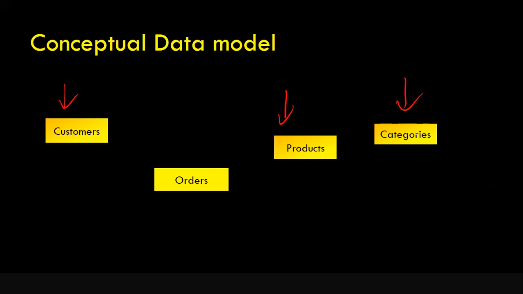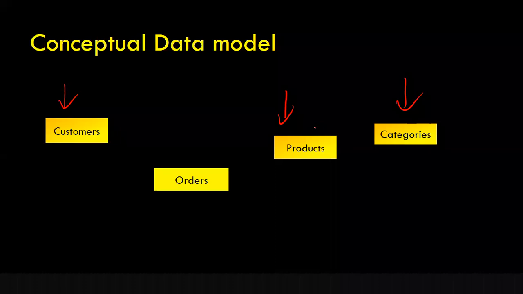In order to capture that, you need a separate table for categories. This is what we define as part of the conceptual data model when we have a discussion with the key stakeholders during the requirements gathering phase. That is the first phase of the software development lifecycle.